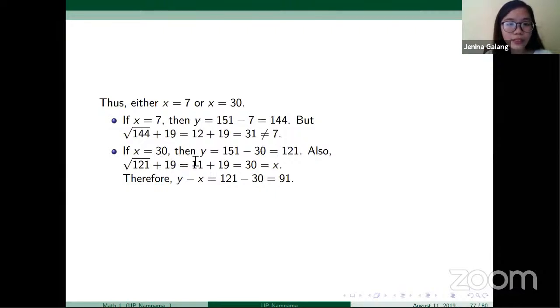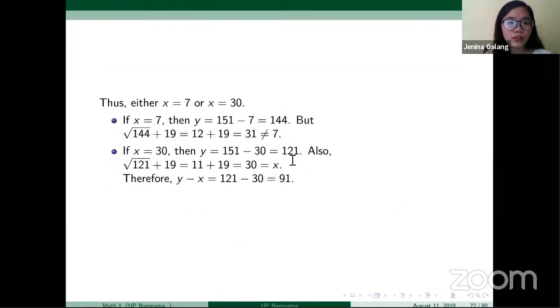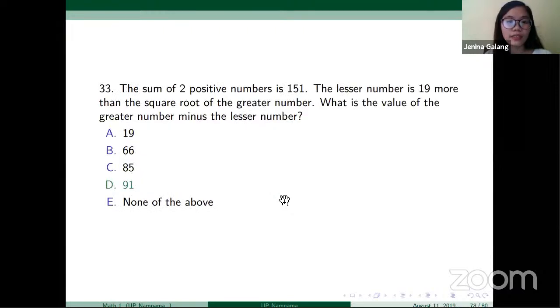And if x equals 30, then y equals 151 minus 30, which is equal to 121. Also, the square root of 121 plus 19 equals 11 plus 19, which is 30, equals x. Therefore, yung y minus x equals 121 less 30 equals 91. So, sagot natin is letter D.